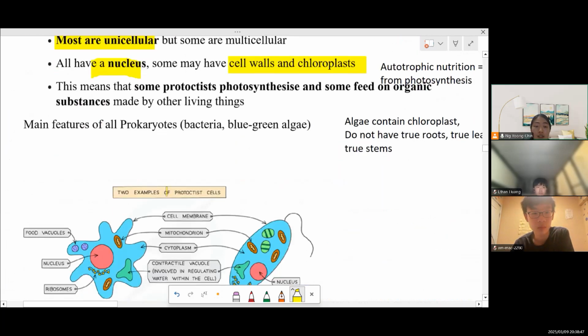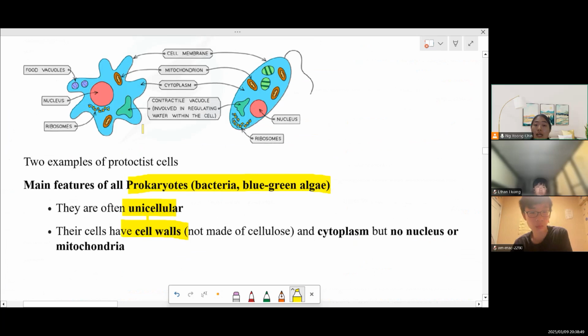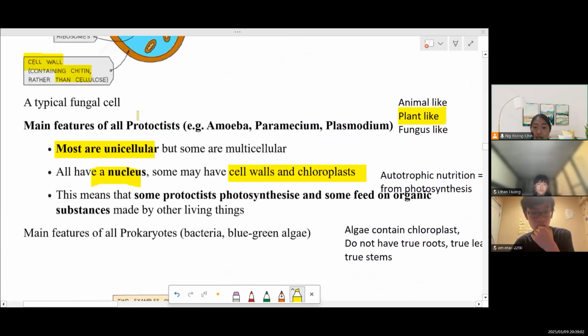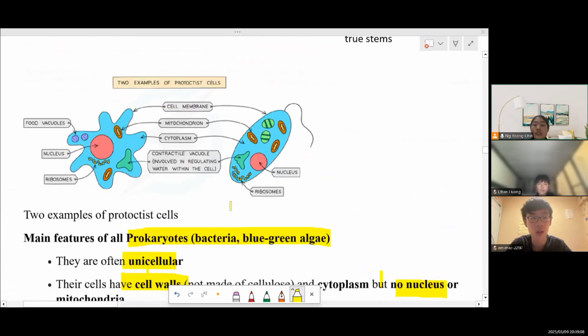Just that a prokaryote cell does not have a nucleus. See, no nucleus. They do not contain a nucleus. But protists are eukaryote cells, so they do possess a nucleus. So this is a major difference between them.